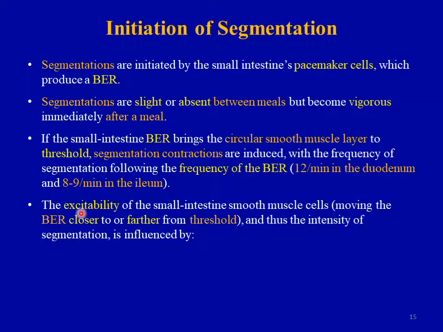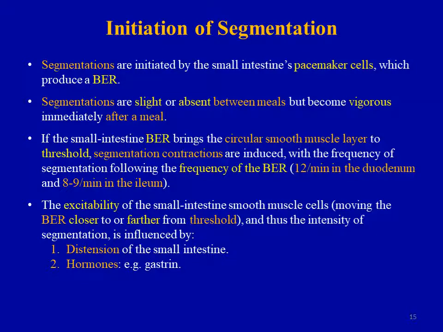The excitability of the small intestine smooth muscles, moving the basal electrical rhythm closer to or farther from threshold, and thus the intensity of segmentation, is influenced by different factors. Number one, distension of the small intestine. We know that mechanical stimuli are very important in the alimentary canal. They are very important stimuli to induce motility, including in the small intestine.